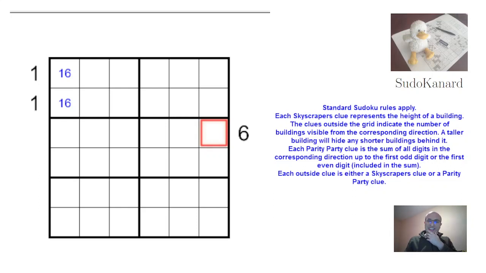And that's interesting because I've solved quite a bunch of parity party puzzles. And I know that 6 as a parity party clue has only 2 options. Either it's a naked 6, just the digit 6, or you start with odd digits.